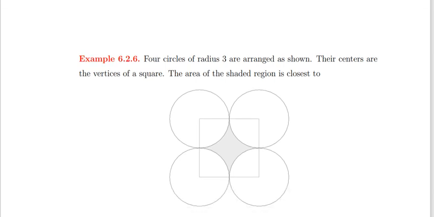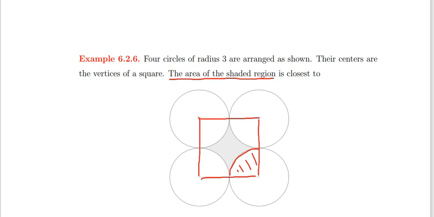This is quite the same as the problem. We want to find the area of the shared region. The shared region equals the square minus four quarters of the circle, so just the square minus a circle.